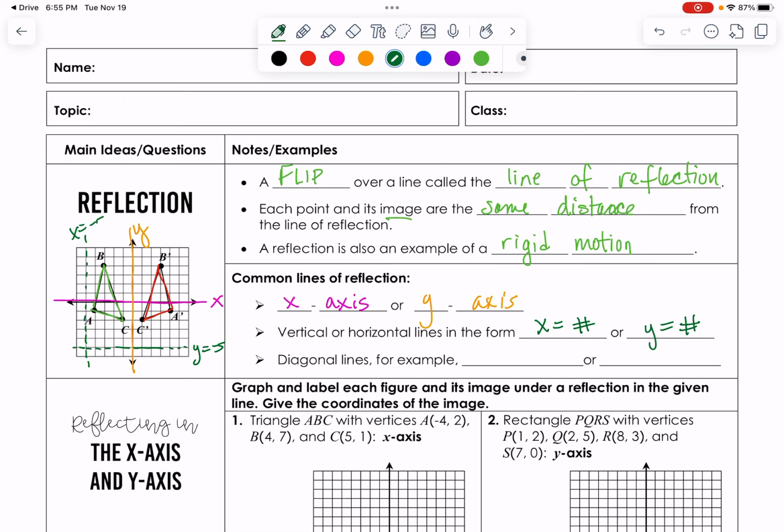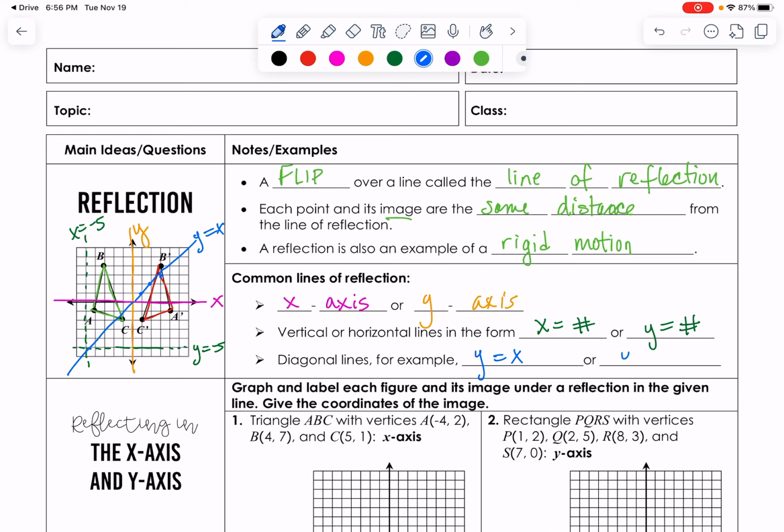Or x equals -5. We also can use diagonal lines, like y equals x, where 1, 1, 2, 2, 3, 3, the numbers are the same.